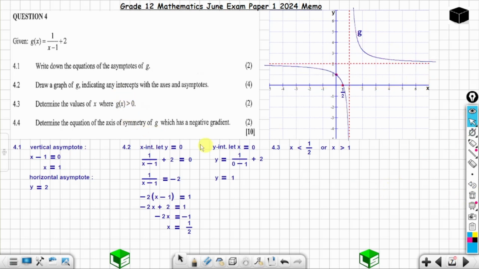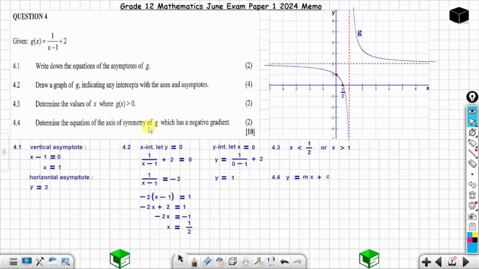Now, question 4.4, determine the equation of the axis of symmetry of G which has a negative gradient. So, the axis of symmetry is in the form y is equal to mx plus c, because it is a line.